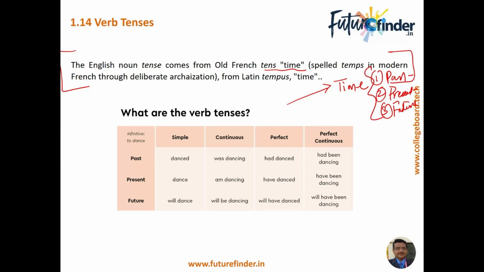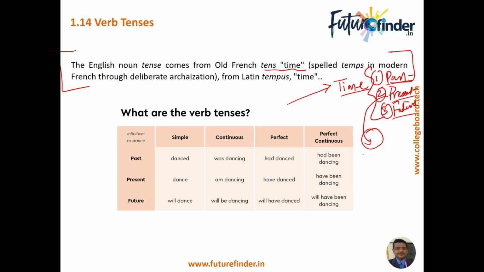But sometimes there are sentences that cannot be explicitly understood as either the past, present, or future. For example, an action has just happened, right? For example, I have just eaten a mango. Now, where does this action fall in terms of time? You might say that because I've done it right now, it is in the present.